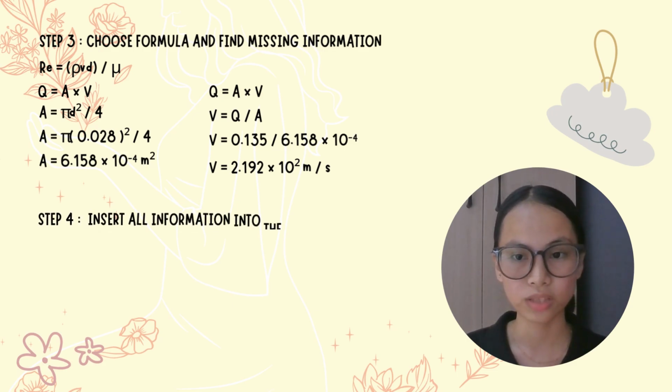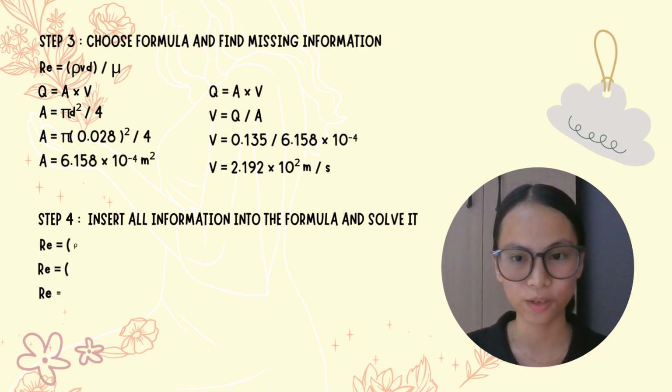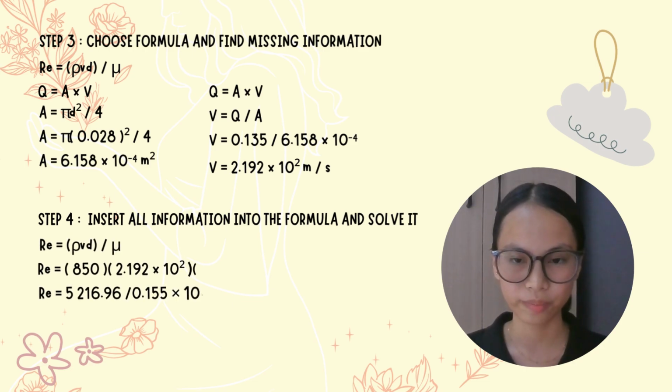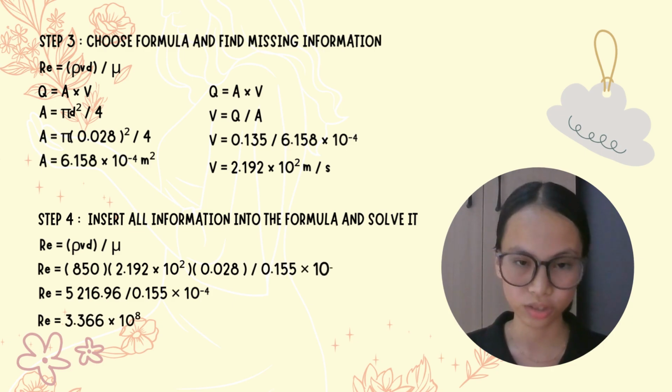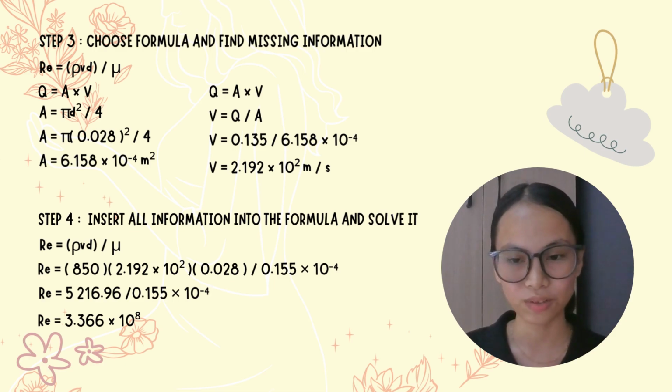After obtaining the velocity value, we can finally solve the question using the formula. We will get the Reynolds number equals 3.366 times 10 to the power of 8, which is greater than 4000.